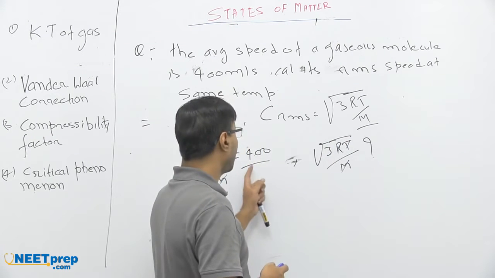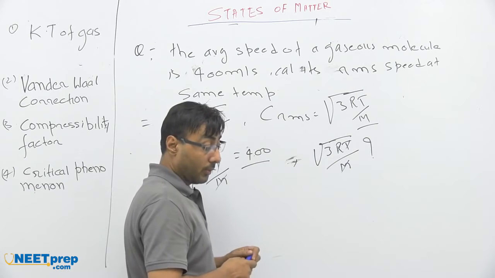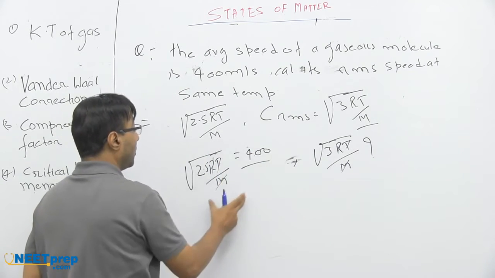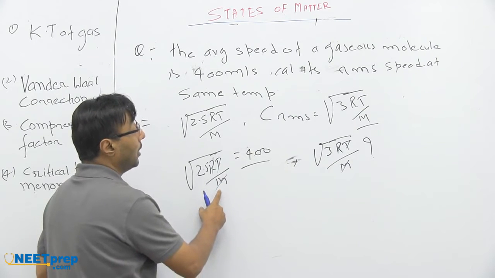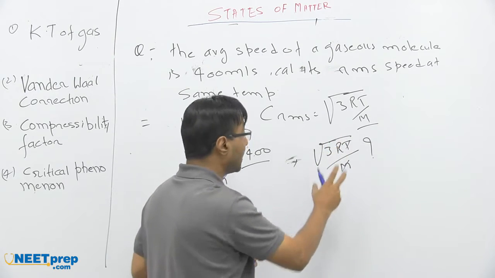One method is that we can go for the entire calculation, solve for the value of M, and put the same value here and get the answer. This is one method, this is a long method.